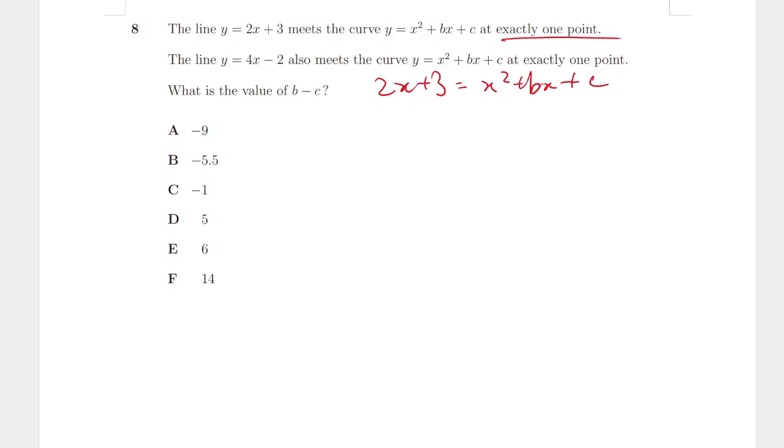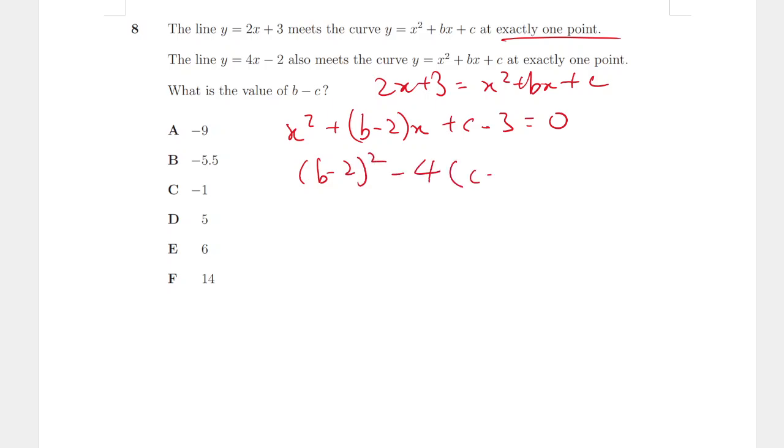If it only has one solution, that means that the discriminant is what? It's equal to 0. So let me make this quadratic look nicer. So x squared plus (b minus 2)x plus c minus 3 equals 0, I'm moving everything to the right hand side. And then of course discriminant equals 0, so (b minus 2) all squared minus 4ac, a is 1, equals 0.